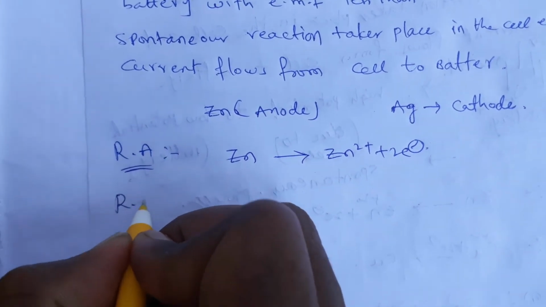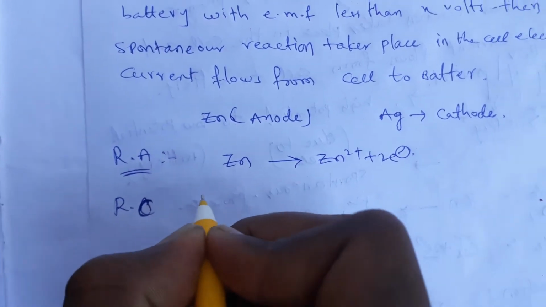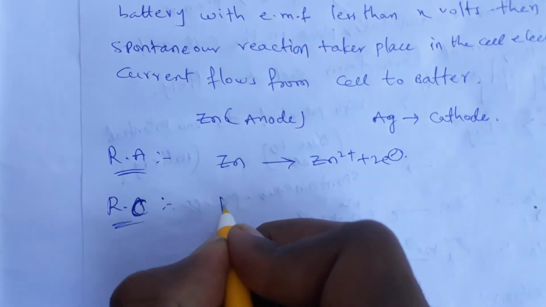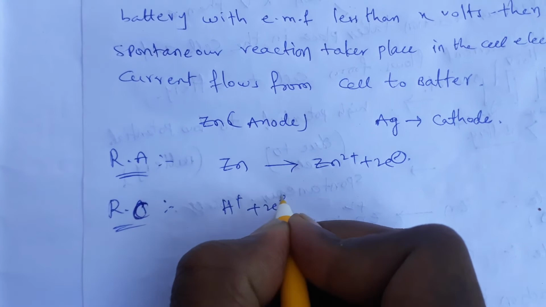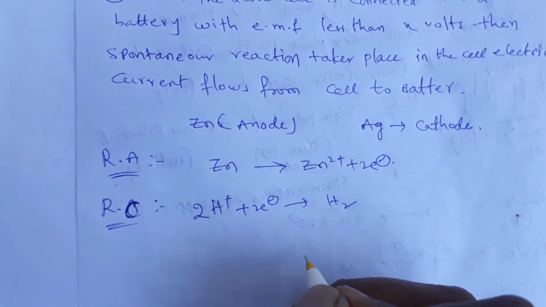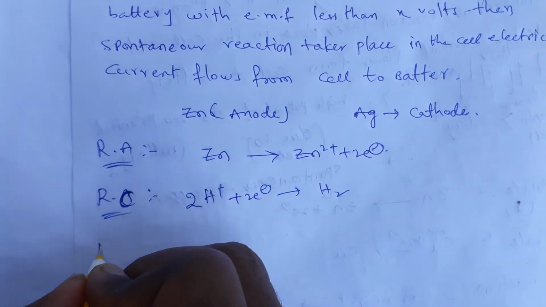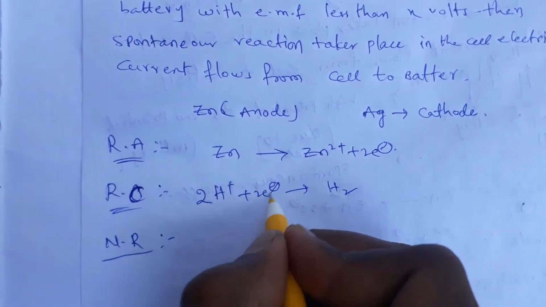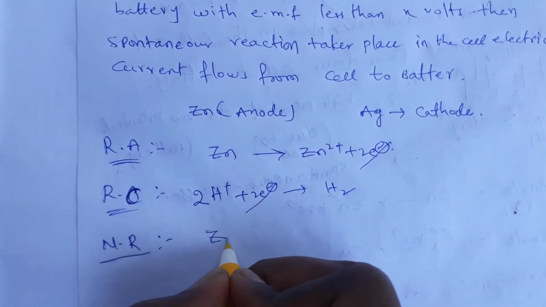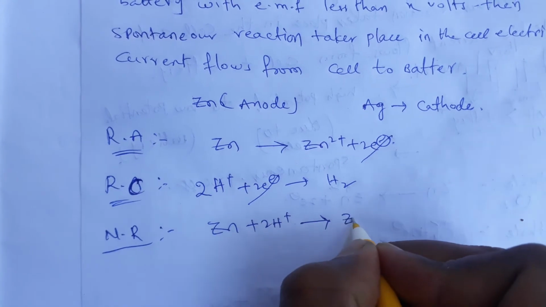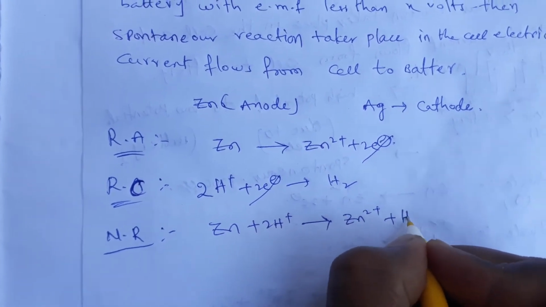Next, the reaction at the cathode: H+ protons are there, 2H+ plus 2 electrons gives rise to H2 gas. So in the net reaction, the 2 electrons get cancelled. So zinc plus 2H+ gives rise to Zn2+ plus H2.